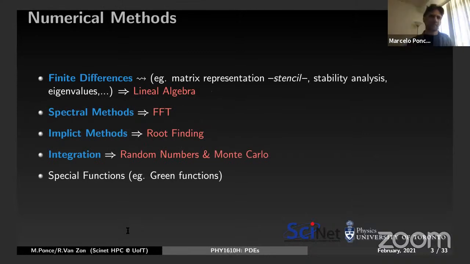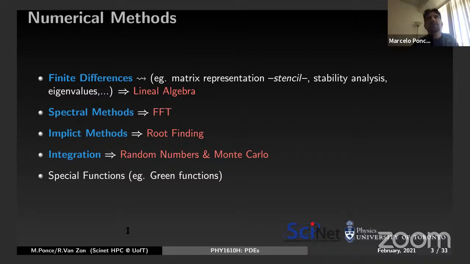So one thing I would like to start by mentioning is that there are different approaches in how people solve partial differential equations numerically. And here is just a summary of the best known ones. So we have finite difference, which is one of the most used ones. It's quite straightforward to implement.